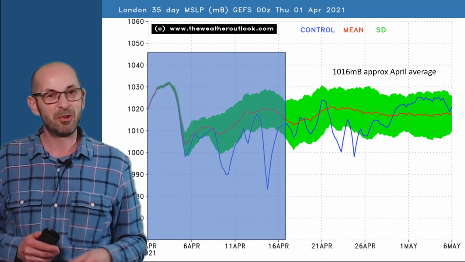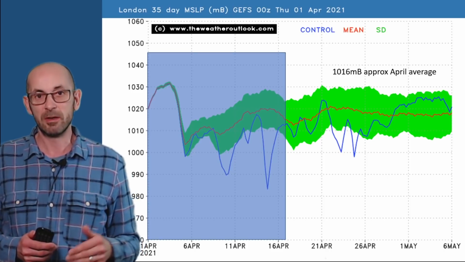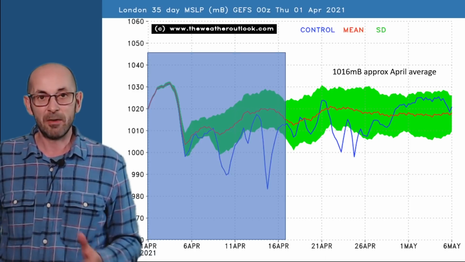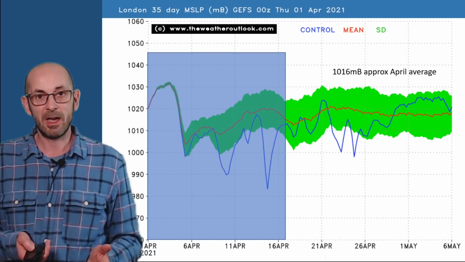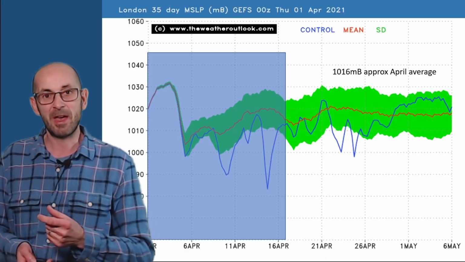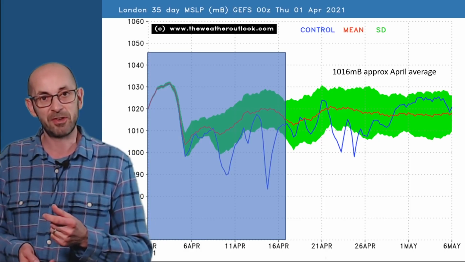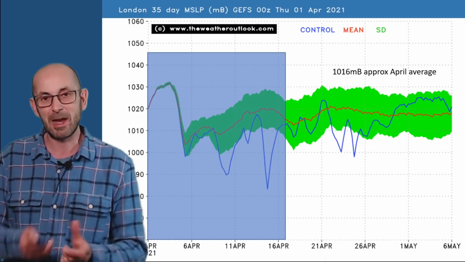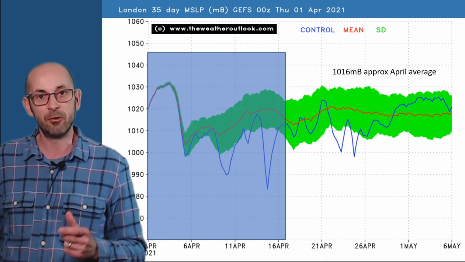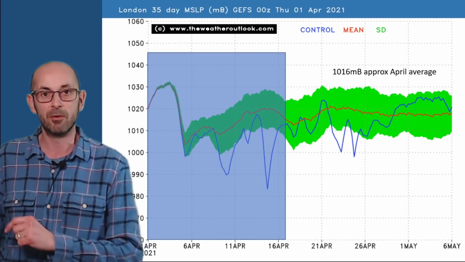It then declines weakly, a shallow decline through the rest of the period. So taking that as it appears, it suggests slightly above average surface pressure through the second half of April, and perhaps a correspondingly elevated chance of drier periods relative to the norm.